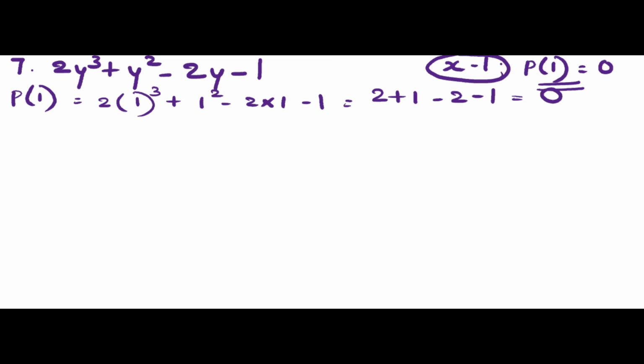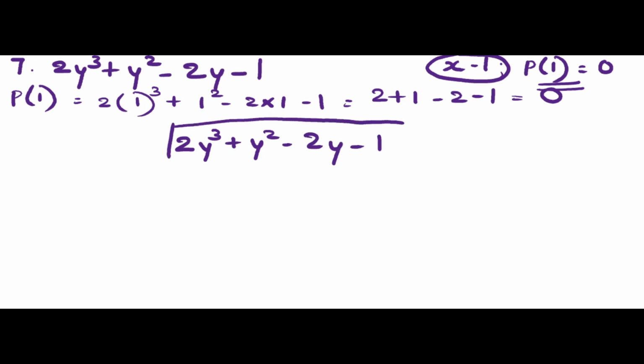So I can divide this polynomial by this factor x minus 1 and find out the other factors from this. First, division: 2y cube plus y square minus 2y minus 1 divided by y minus 1.